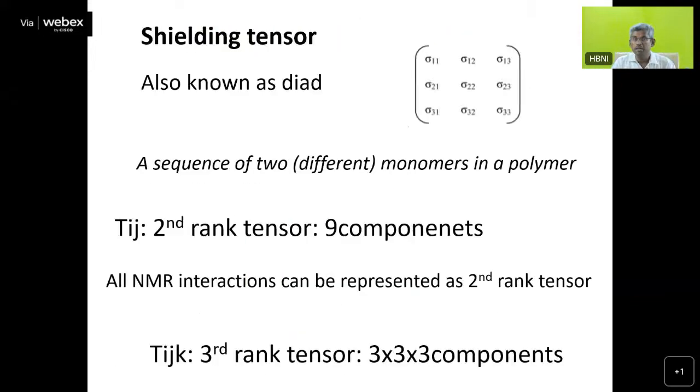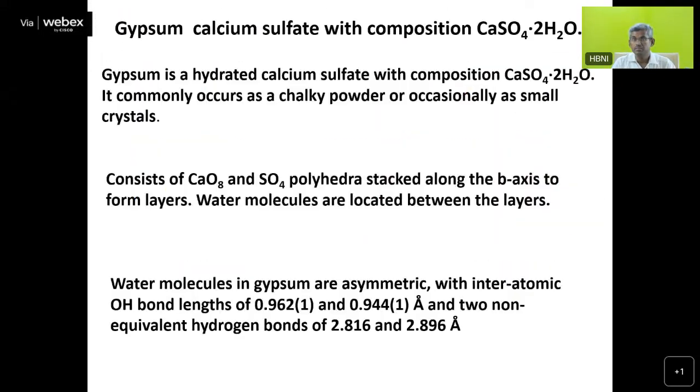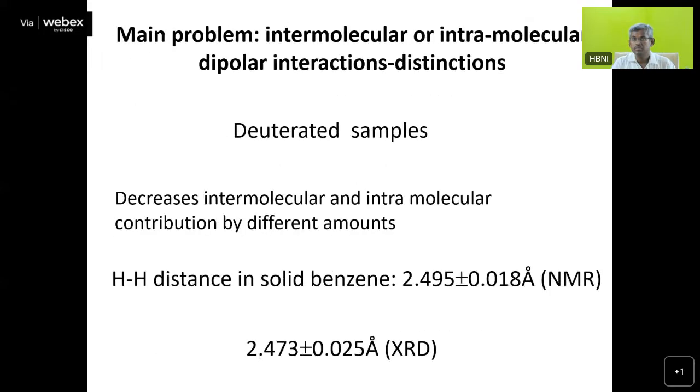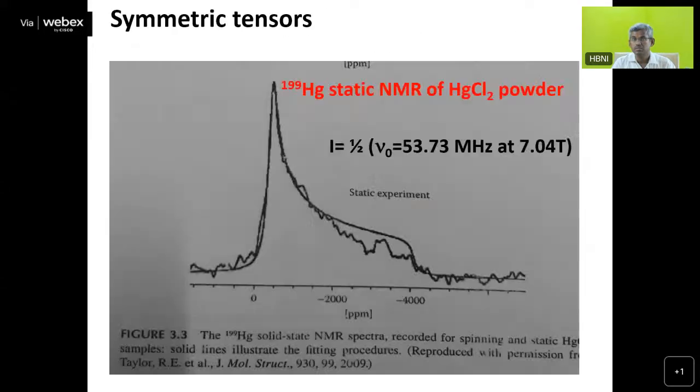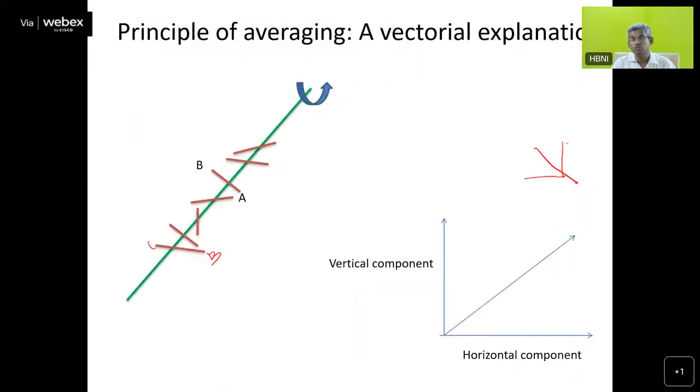So let me go quickly back to the slide. All of them will align along the green color axis, at an angle of 54.74 degrees.